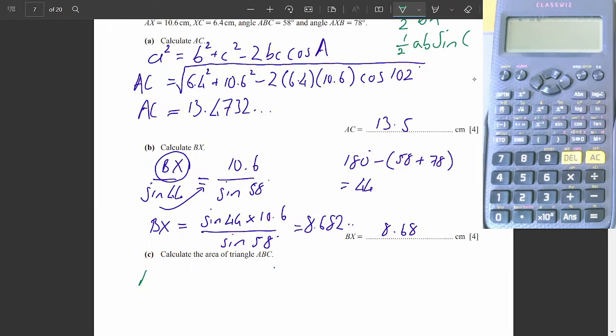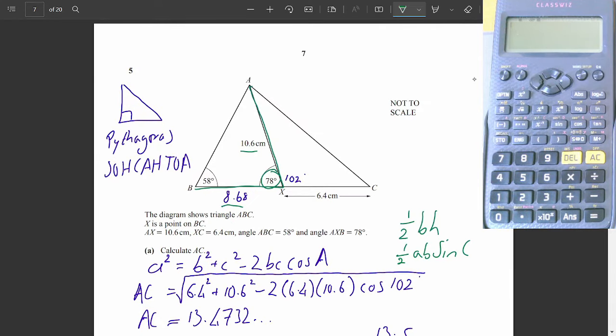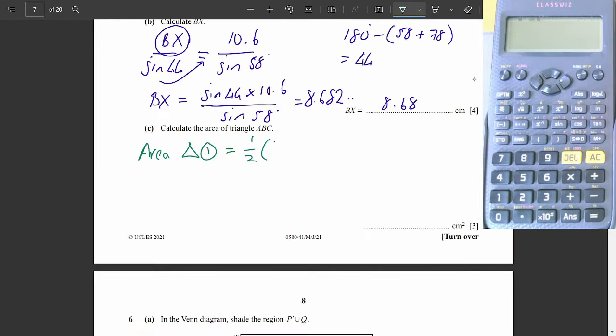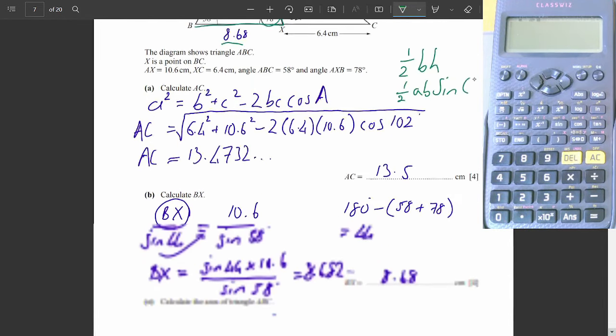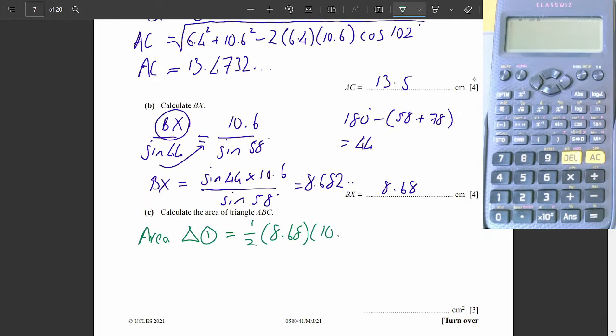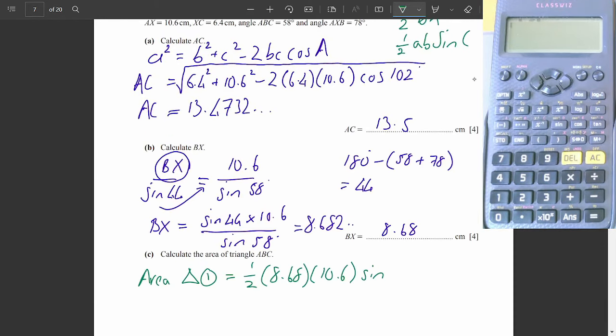Okay, let's write this. Let's say the area of triangle, let's call it triangle 1, is half, a being any one of these two sides, let's make it 8.68, times the other side in that triangle, 10.6, and then that multiplied by sin of the angle between the two sides, 10.6 and 8.68, which is 78 degrees.